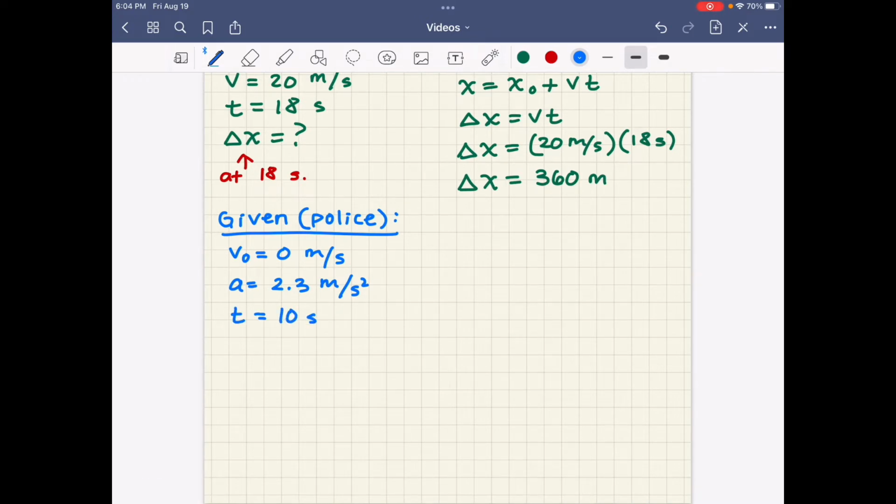Now, something to note over here. These 10 seconds, they correspond to the boat's 18 seconds. Okay? Because this 10 seconds is 8 seconds after the boat had passed in front of him.